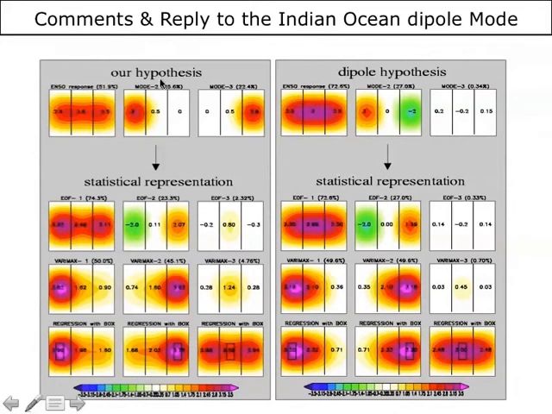I think there's EOF number 1, which is related to ENSO, and then there's something going on in the left of the Pacific Indian Ocean and the right of the Indian Ocean. But if you look at these two hypotheses and you look at the statistical data, they are identical. If you have my hypothesis that there's no Indian Ocean dipole and ENSO, or their hypothesis that there is an Indian Ocean dipole and ENSO, the statistics would look exactly the same.